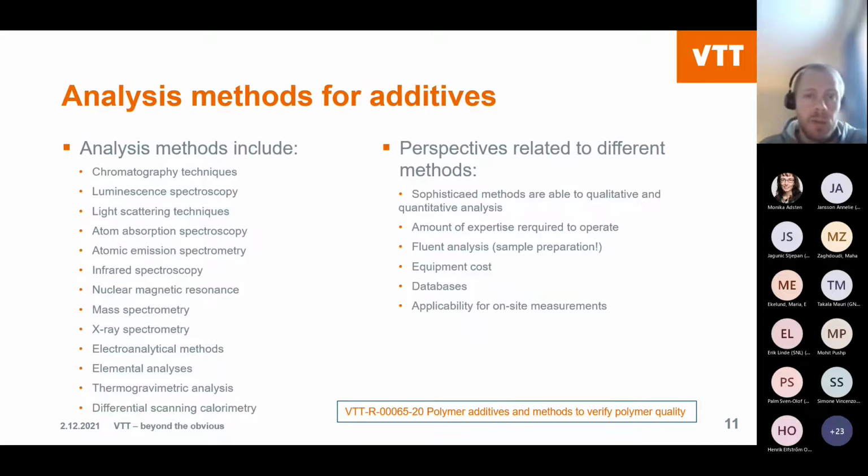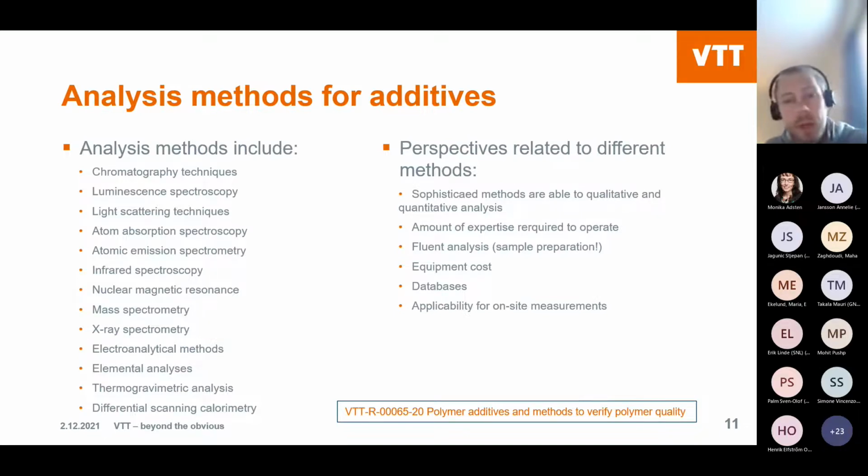Then one point of view that we thought is important: how much expertise you would require to operate this equipment, because some of these are quite high-tech equipment, so to say, and require quite a lot of training in order to use this equipment properly.